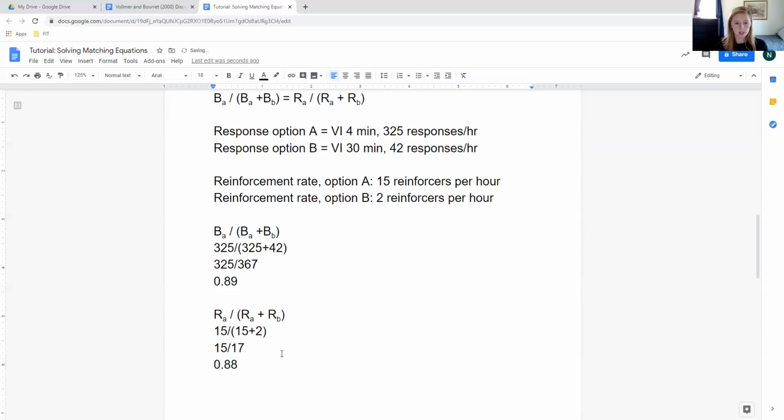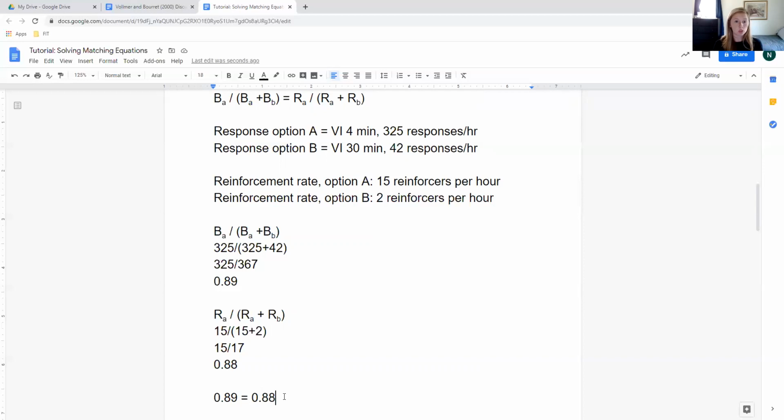15 divided by 17 equals 0.882. So again, we've got 0.88 equals 0.89. So we've got some pretty good matching there. Oh, excuse me, I switched those. Although it really doesn't matter which side of the equation, as long as you keep straight which one's reinforcement and which one's responses. So 0.89 equals 0.88.